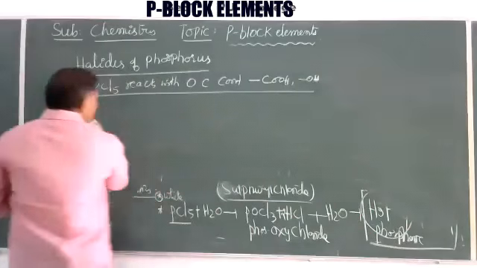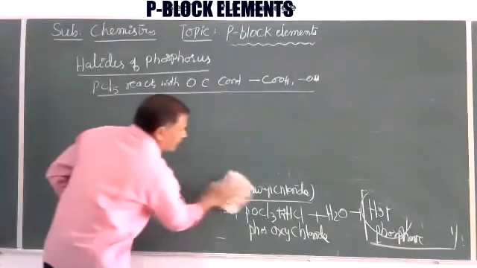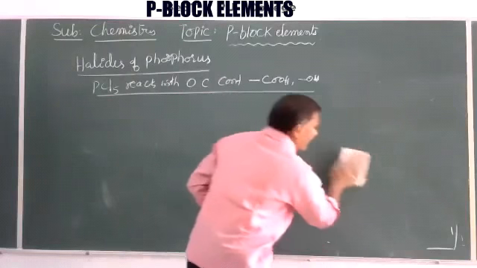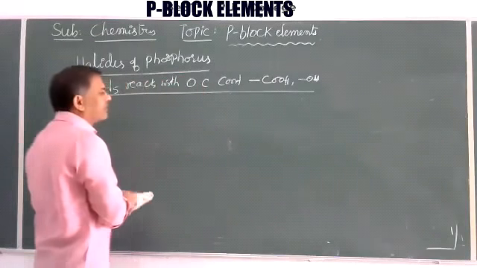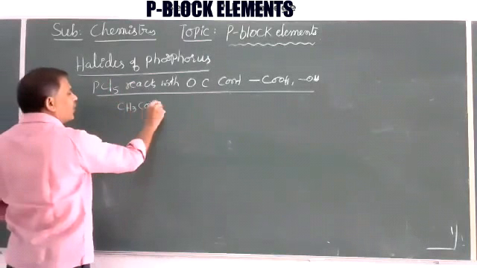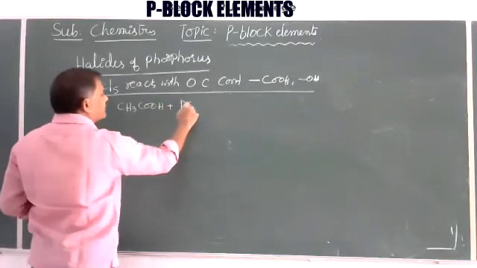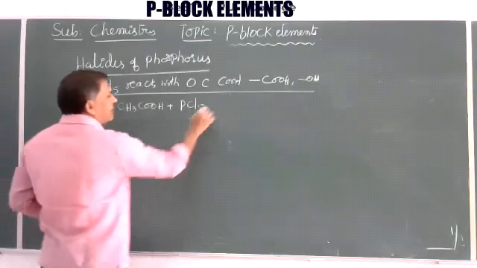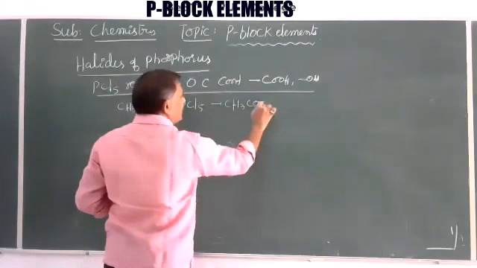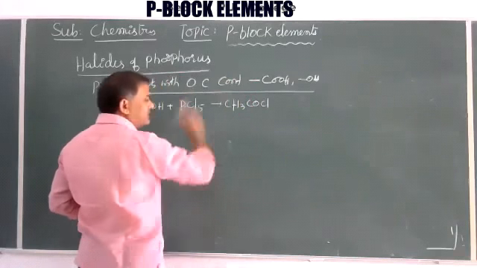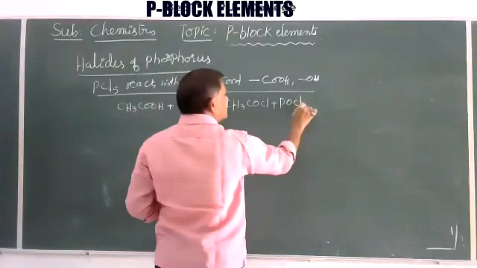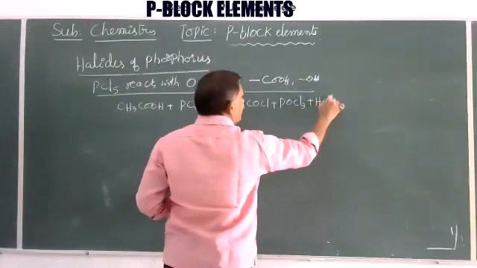See here, PCl5 reacts with carboxylic acid, acetic acid. This is CH3COOH reacting with PCl5. It gives CH3COCl, the product is the same in both cases, plus POCl3, phosphorus oxychloride, plus hydrochloric acid.